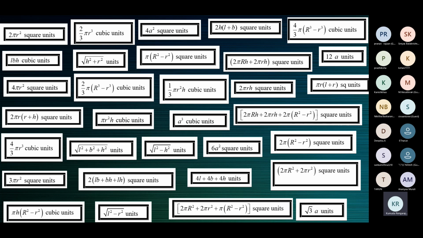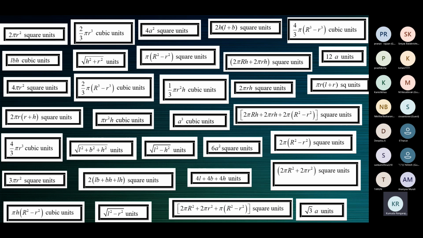See, for cube and cuboid, you can just pair it up like that. Cuboid, cylinder, cone, sphere, hemisphere. Cuboid, you've been seeing since 7th standard, so I don't think those formulae will be difficult to remember.